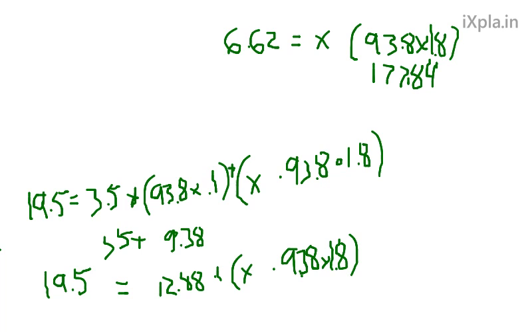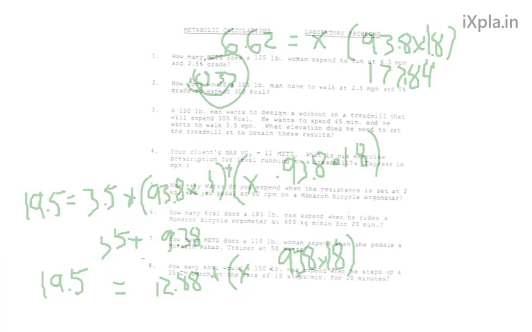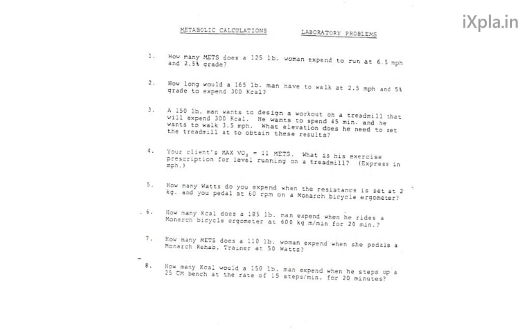And then you divide 6.62 by 177.84. That is equivalent to 0.037, and you move the decimal twice, so 3.7%. So you would work backwards. Now that is the hardest variation of a metabolic equation you get.